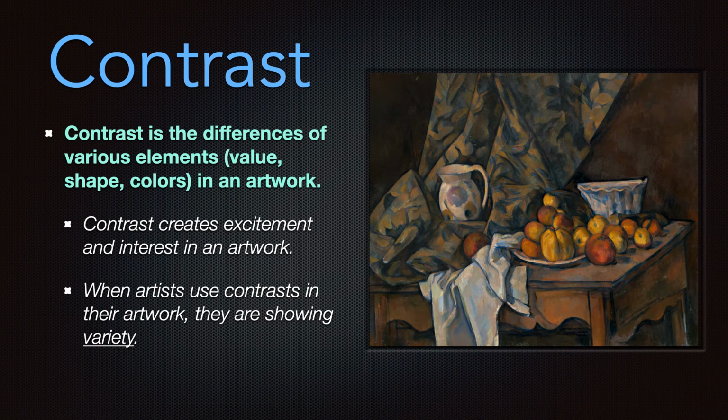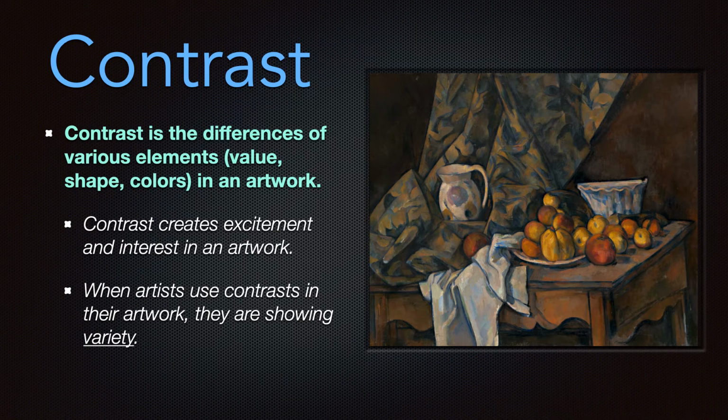The next principle, contrast. Contrast is the differences of various elements such as value, shape, colors in an artwork. Contrast creates excitement and interest in an artwork. When artists use contrast in their artwork, they are showing variety. This painting by Cezanne, entitled Still Life with Apples and Peaches, has a lot of contrast.